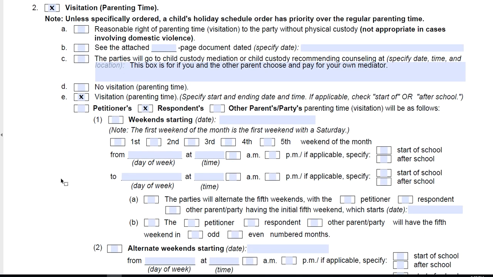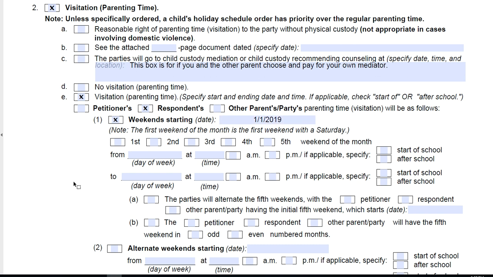So let's just say that you want it to be on weekends. So weekends starting, well, figure out when you want the schedule to start. If you're filing this in January, you can ask that it start in February or any other time after that. The court will adjust the start date, but you have to put in something. So let's just say that you wanted it to start January 1st, 2019.